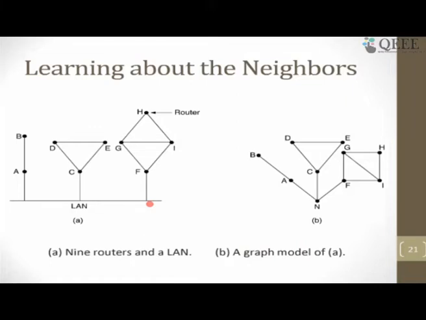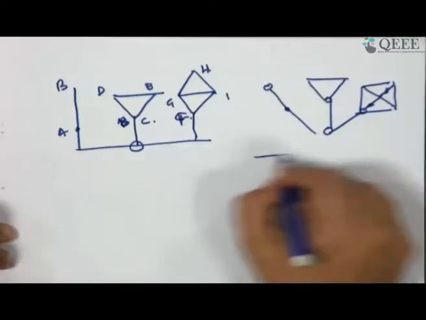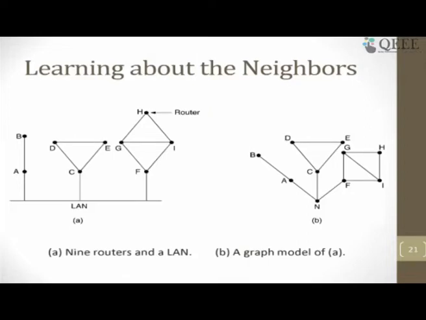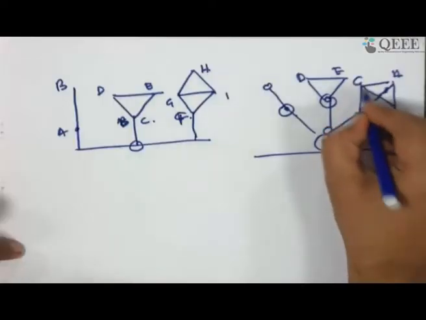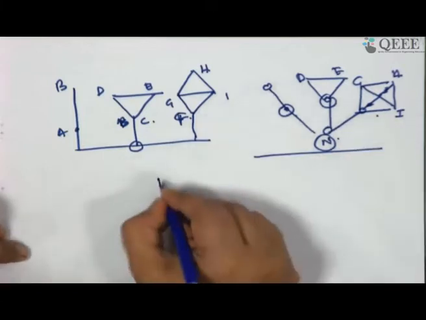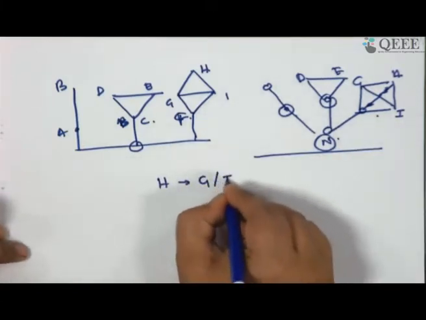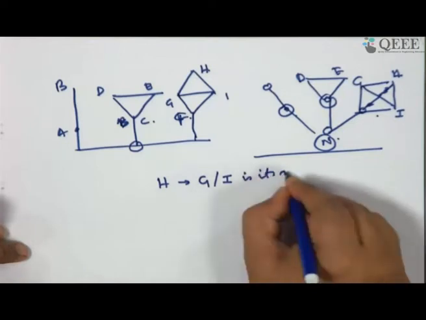Now say this way you construct the neighborhood, fine. So then what happens when you are constructing the neighborhood? A will understand, or say C will understand who are the neighbors, that D, E and N. If N is the neighbor, then actually A and F are its neighbors. Or H will understand that G and I are its neighbors.